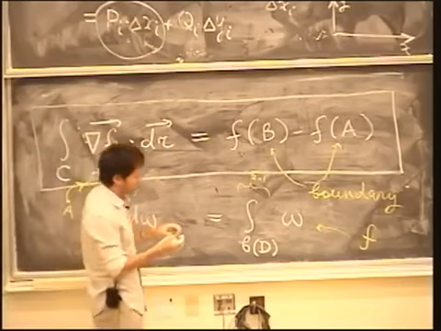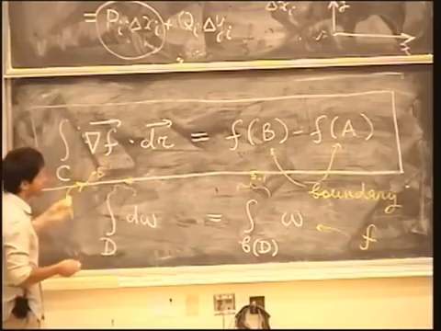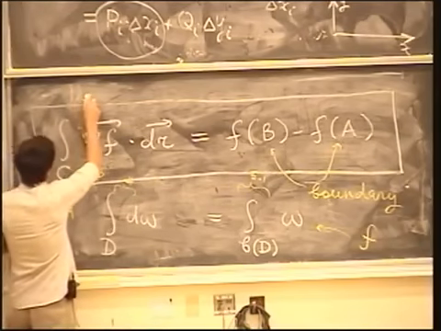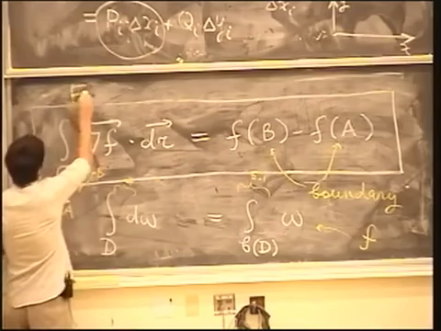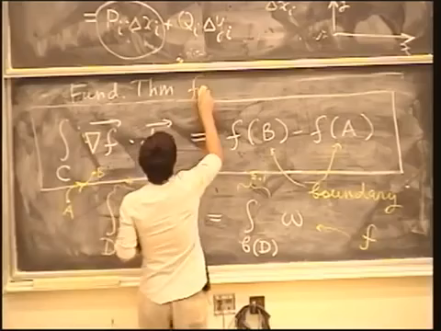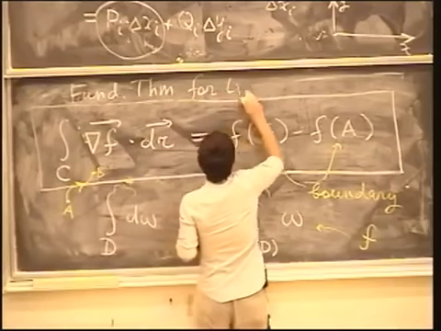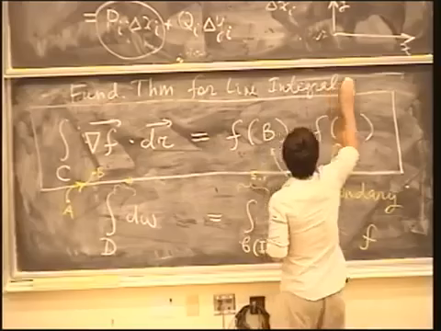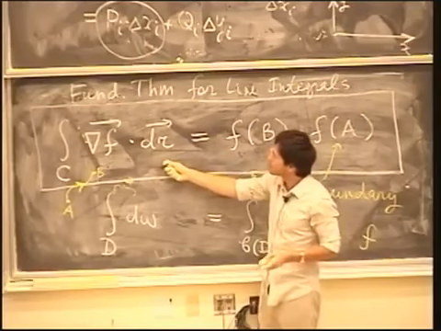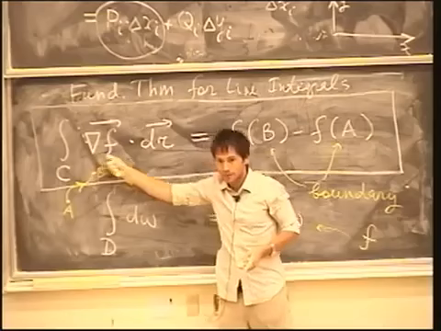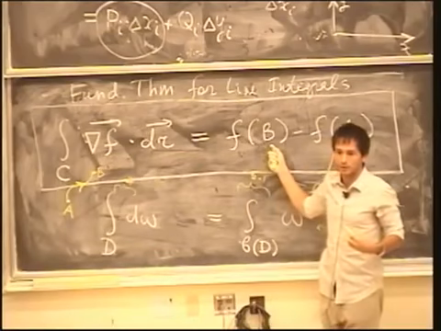The statement of this theorem, which is called the fundamental theorem for line integrals, is that in this particular case, the line integral of this vector field can be written in a much simpler way.